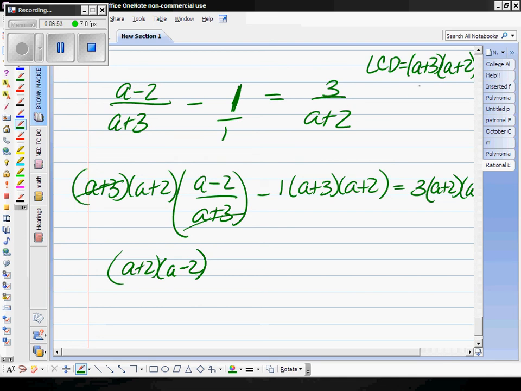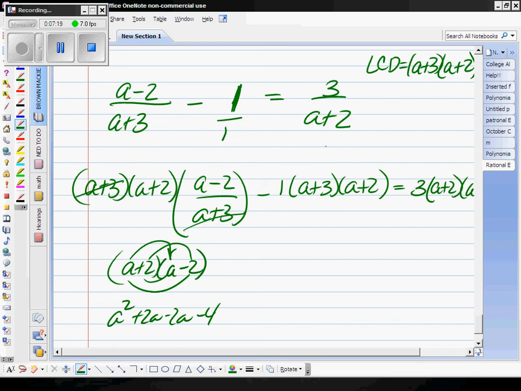Another quick way to look at it is you can also look at what your LCD is and see what's missing from the bottom and multiply it by that as well. So I just did it for long way purposes. If I do that, that gives me a squared plus 2a minus 2a minus 4, right?